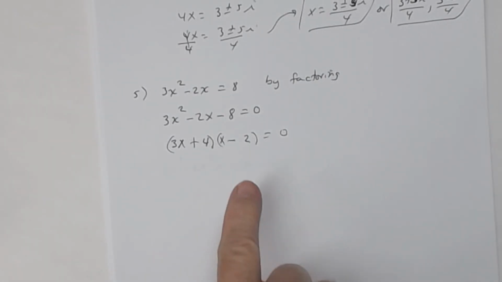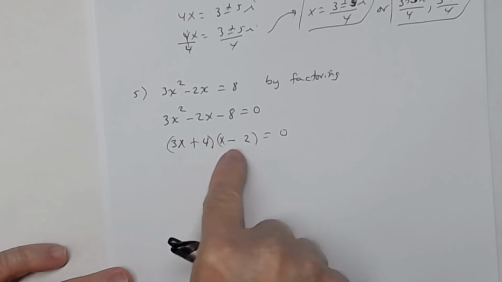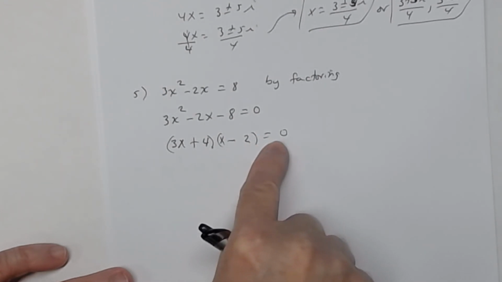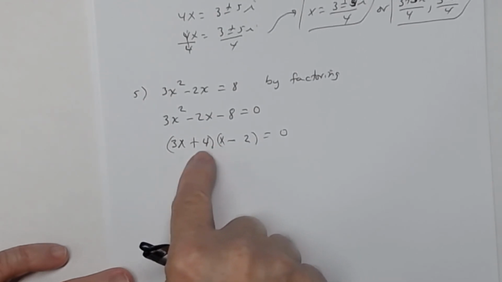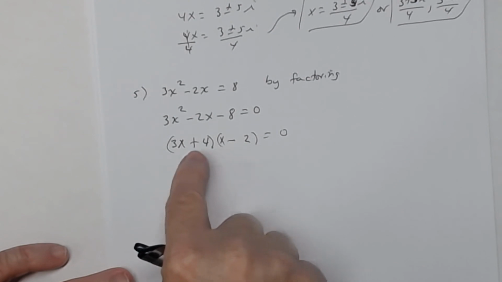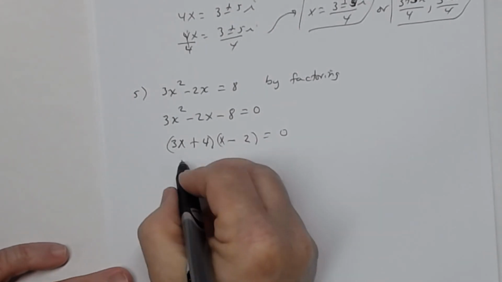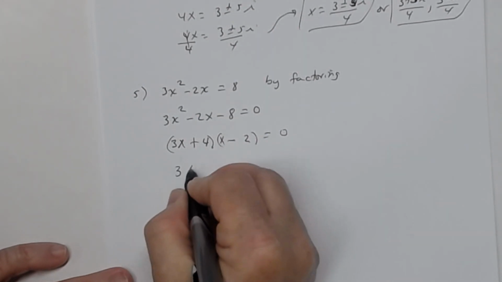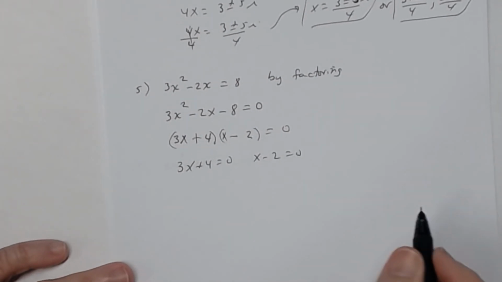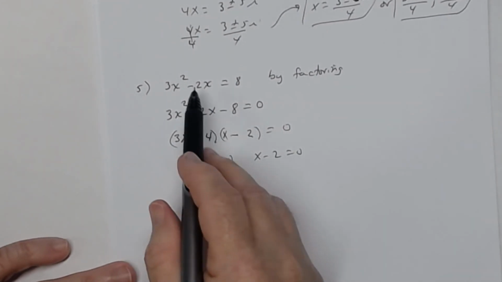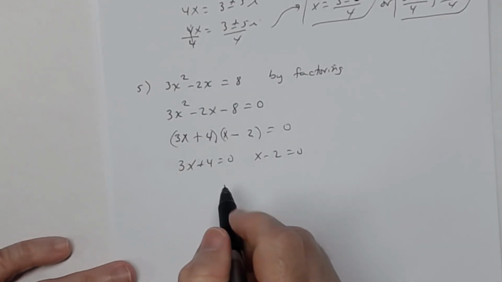Now remember, you have two factors whose product is 0. So the zero factor property says that if you have two or more factors whose product is 0, the only way that product can be 0 is if one of those factors is 0. So the next step would be to set each of those factors equal to 0. And then notice I went from a quadratic equation to 2 linear equations.